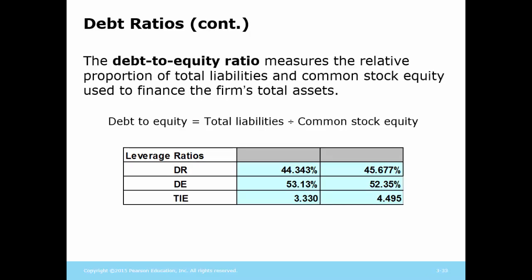The debt equity ratio just looks at the long-term sources. So the debt equity ratio went from 53% to 52%. So the amount of debt for long-term sources has decreased to 52%.